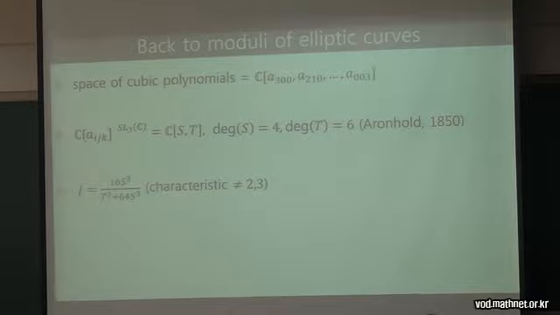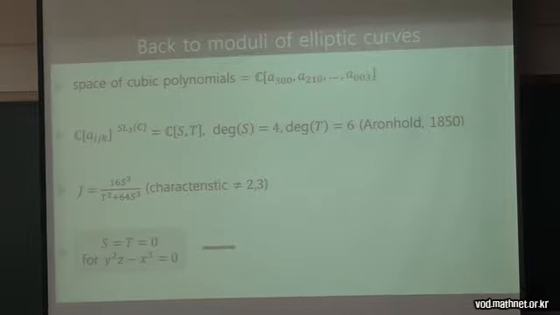And this J invariant is a rational function. What's important is, look, these are the generators of the ring of invariants, and they precisely vanish at this curve, y squared z minus x cubed.